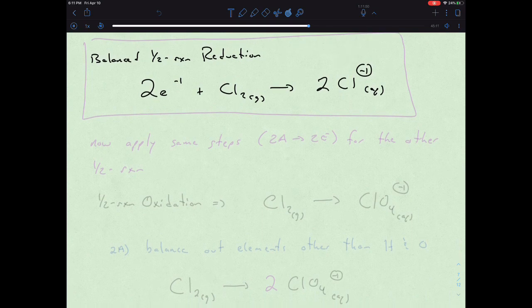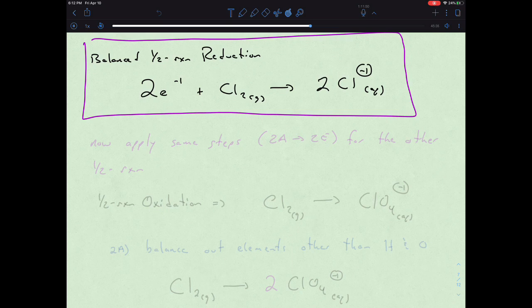So that one, or that particular half reaction, wasn't too terrible. And that's what we see if we're just talking about simple elements being reduced or oxidized. But as soon as we get into molecules with lots of oxygen and things of that nature, it becomes way more complex.